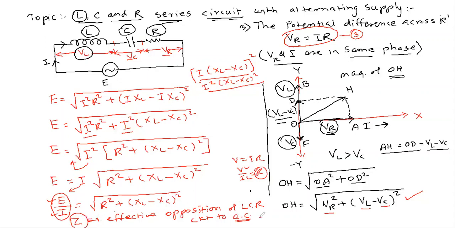Z is called impedance. So in the starting I told you about this factor, the impedance. So what is impedance? Impedance is nothing but the effective opposition of the LCR circuit.